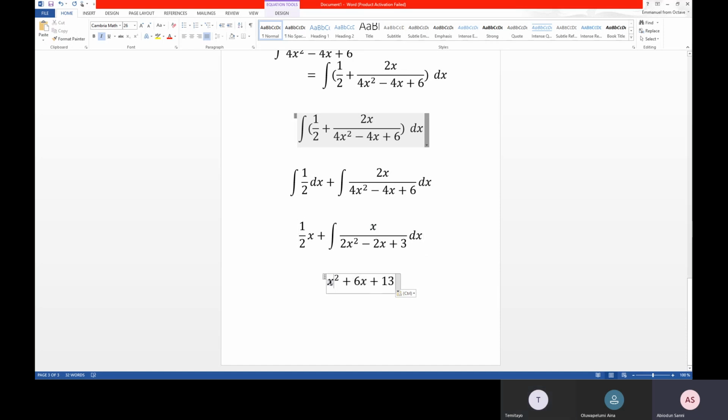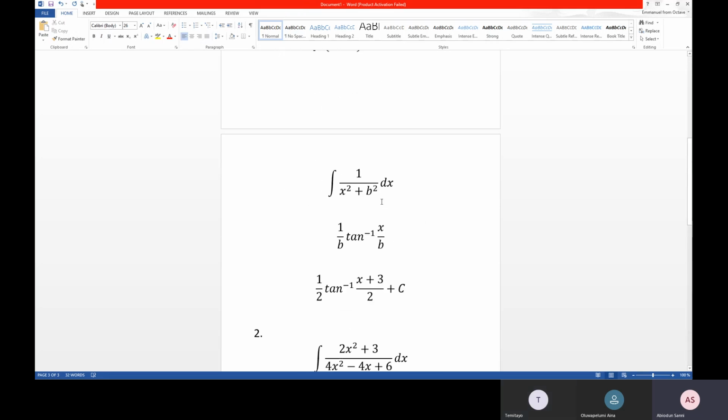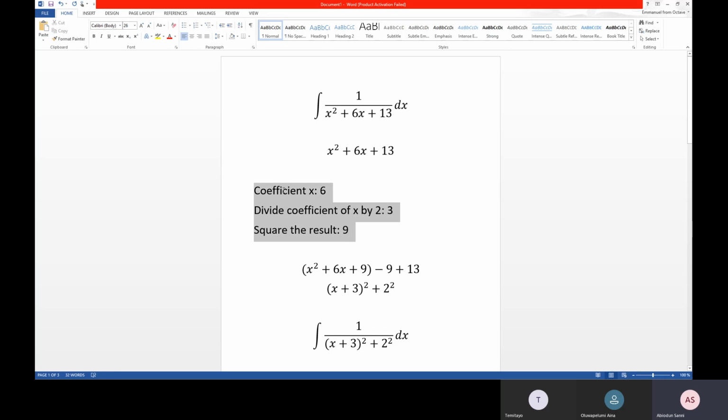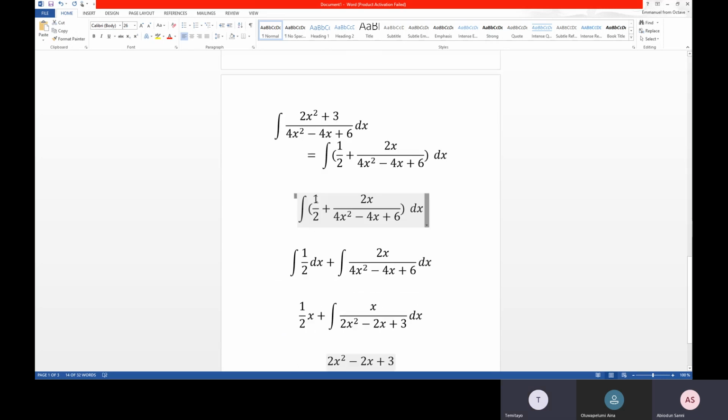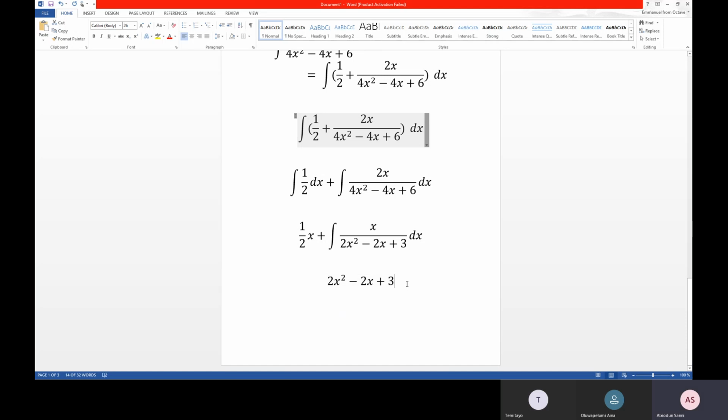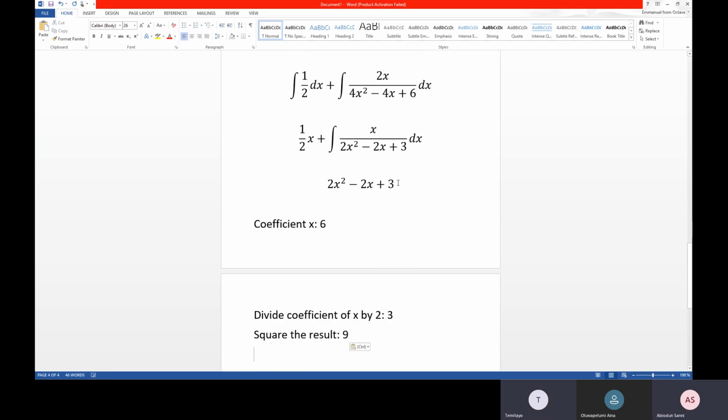So if you want to complete the square, what do we have? We have 2x squared minus 2x plus 3. Now, when we talked about completing the square, we said we are going to consider the coefficient of x squared.